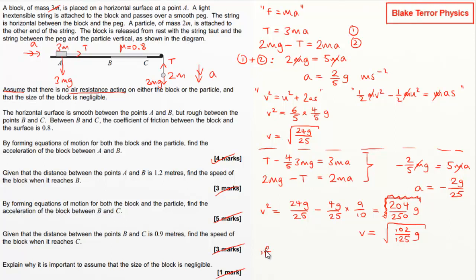So we could say something like: if the block has volume, then at B, it will be partly on the smooth surface and partly on the rough surface. It's always nice to do an if-then structure. You can see where this is going, so just write that bit out.